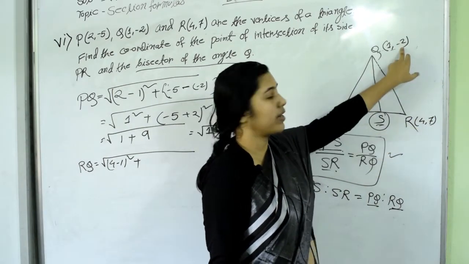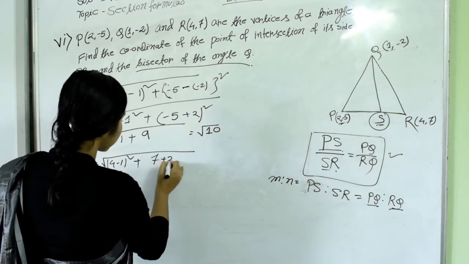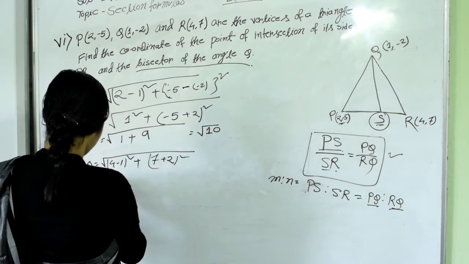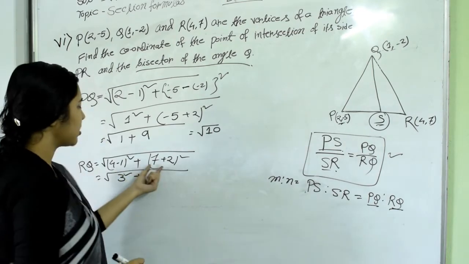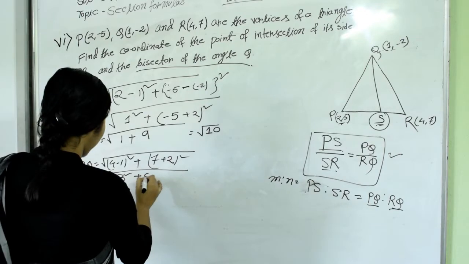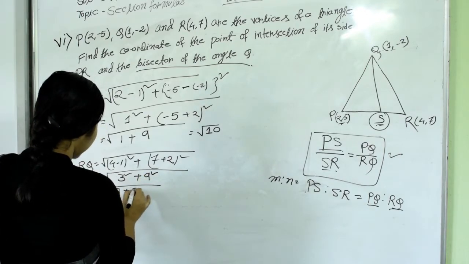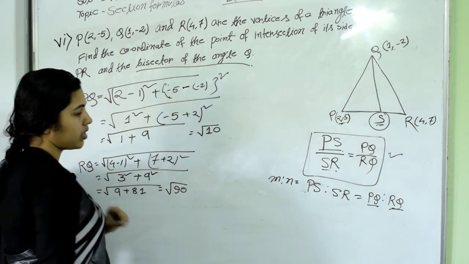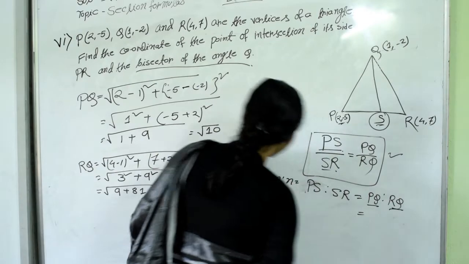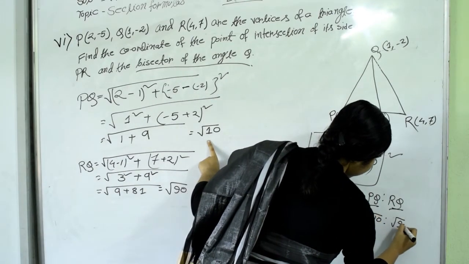So 7 minus of minus 2, which is 7 plus 2. 4 minus 1, 3 square, plus 7 plus 2, 9 square, which is equals to 9 plus 81, root over 90. So here our ratio is root over 10 is to root over 90.